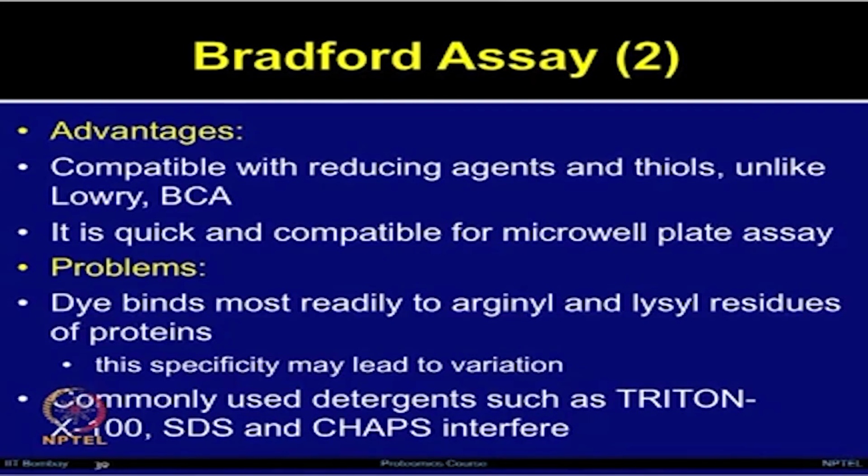But there are problems with the Bradford assay as well, such as the dye binds most readily to the arginyl and lysyl residues of the protein, and this specificity may lead to variations. Also, various detergents such as Triton X-100, SDS and CHAPS interfere with the Bradford assay.